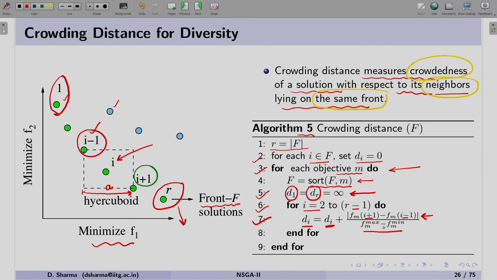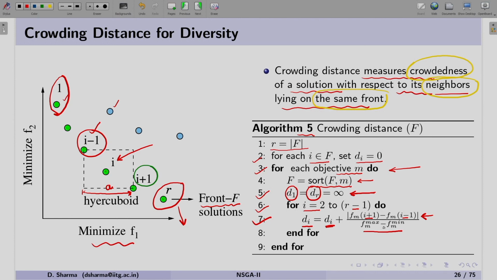It is only because we can have objectives which may be ranging variedly, meaning that one objective can be varying in the range of say 10 to the power 6, but another objective may be varying in the 0.1, 0.2, 0.3 range.